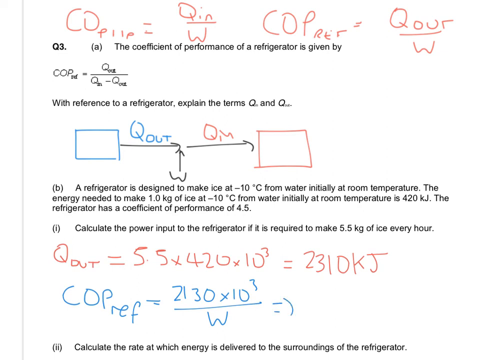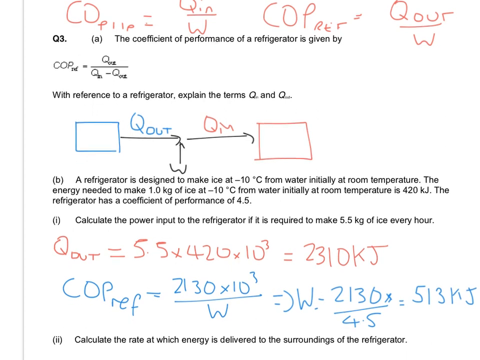Which means that the work is going to be Q out divided by the coefficient of performance, which is 513 kilojoules, so that's the amount of work done in 1 hour.